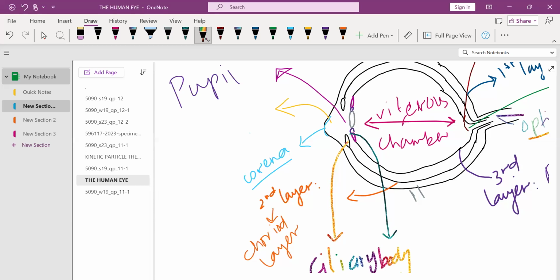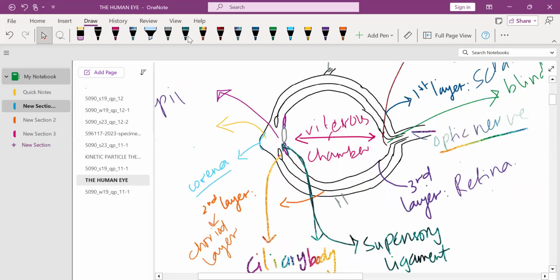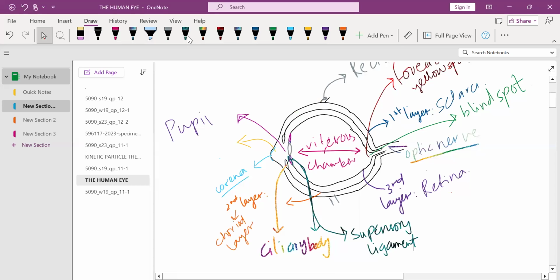Then these are also a type of muscles that hold our lens. I have highlighted them using green color and they are suspensory ligaments. I have used different colors so you can easily identify which part I have labeled in the diagram.